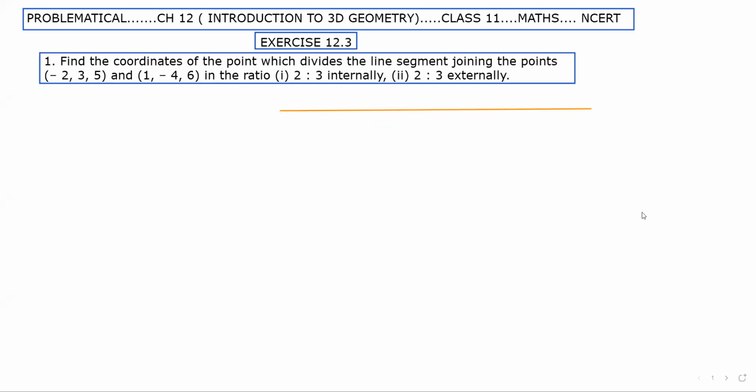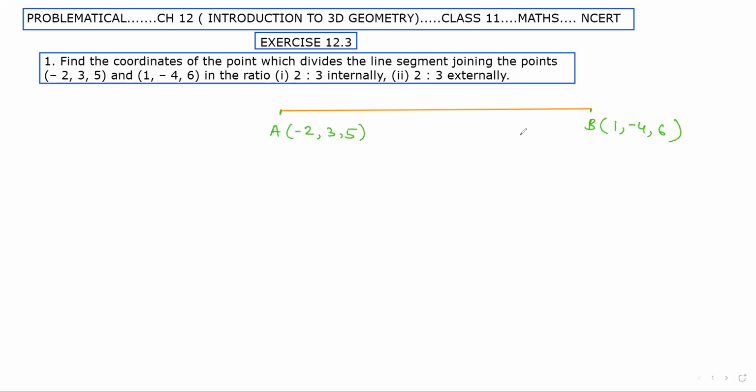So first we will consider the mentioned points as the endpoints. Let A be (-2, 3, 5) and B be (1, -4, 6).